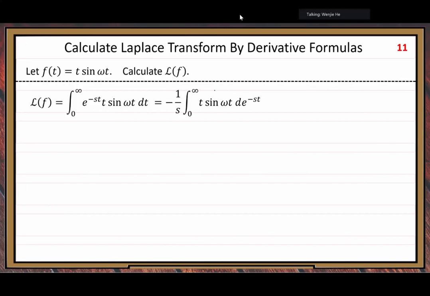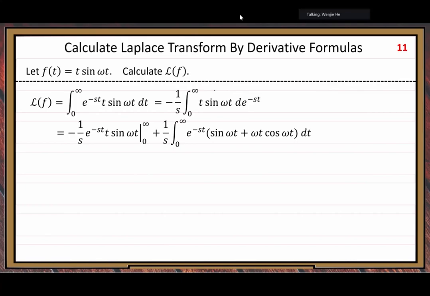Then we have this constant part, cancellation. So here we calculate it directly, by definition. After that, we calculate another way by the derivative formulas. So, integration by parts, and these two. Now, first this one.